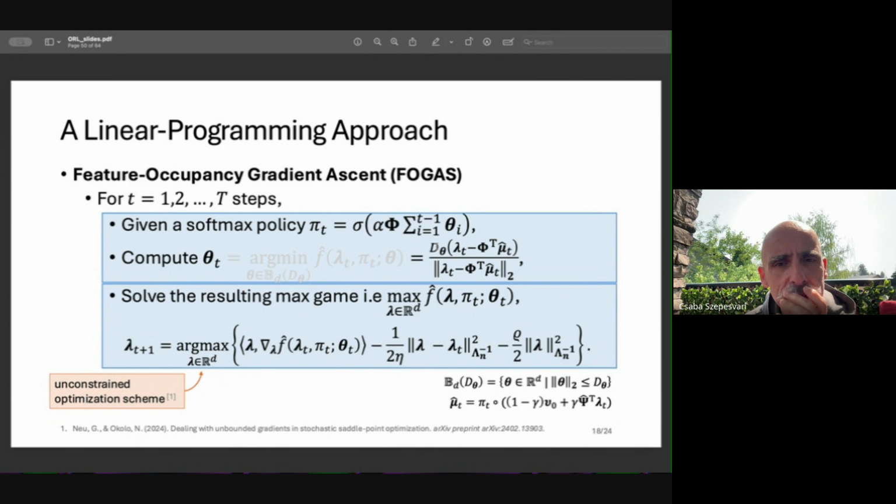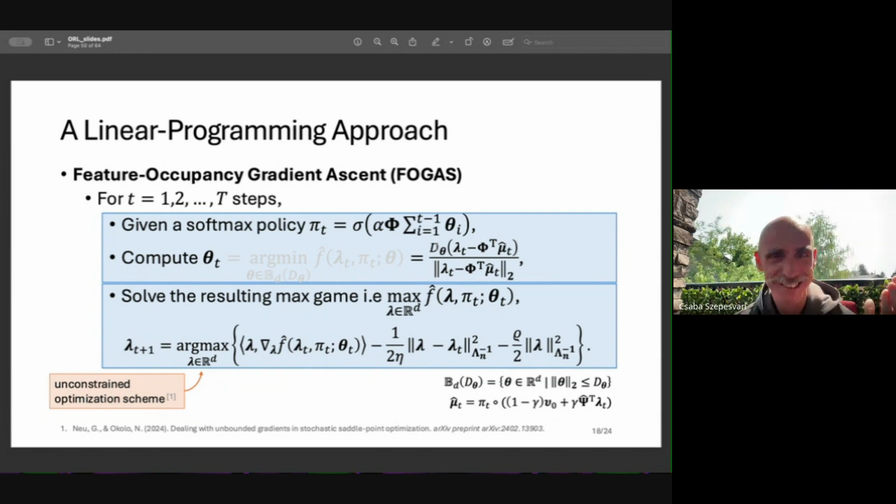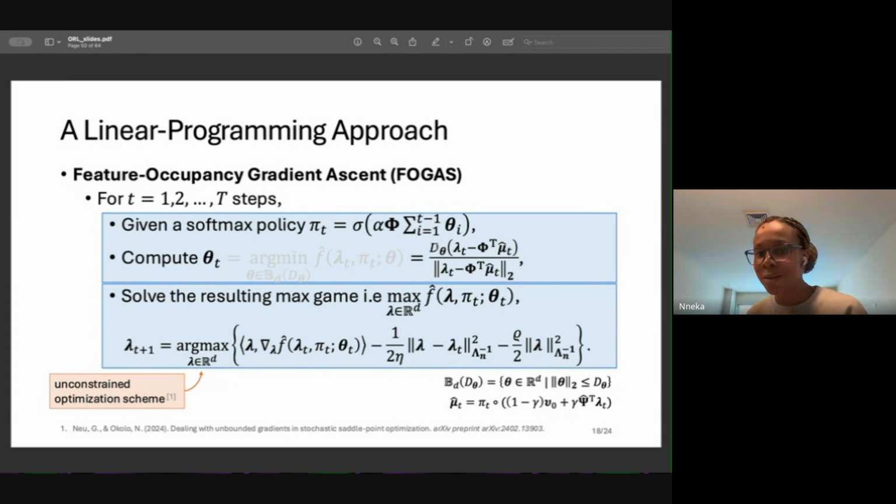That's theta t. That doesn't look like any value function training business at all. Definitely not like any value function update.